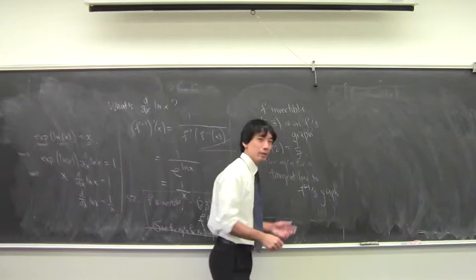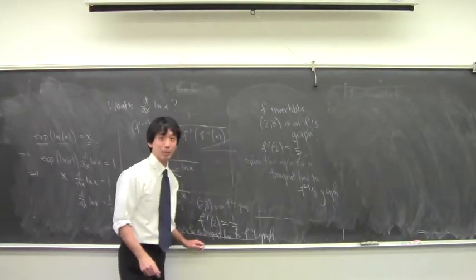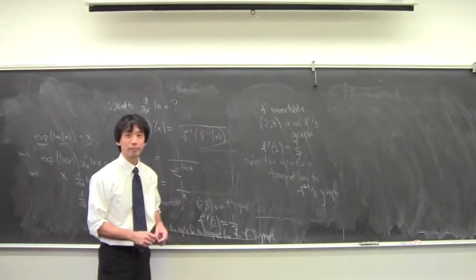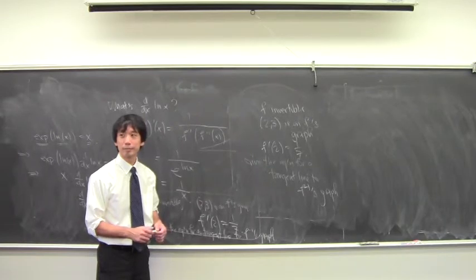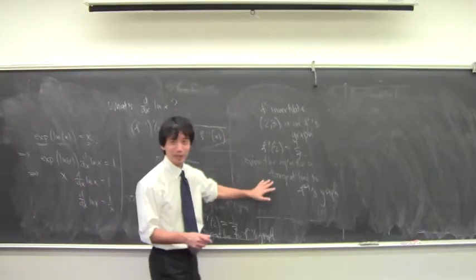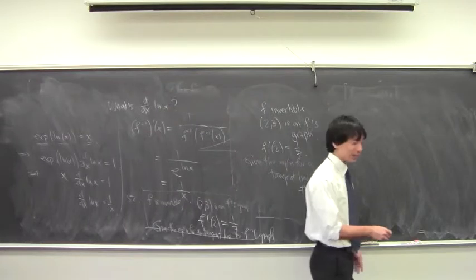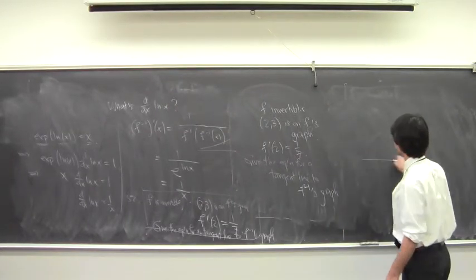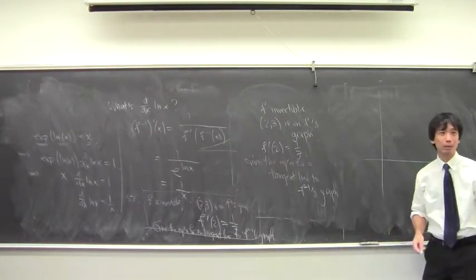If you can do this, then you'll understand a fair amount of what we're talking about today. Okay, so let's do this and then I'll hand it back. Okay, so who would like to say?